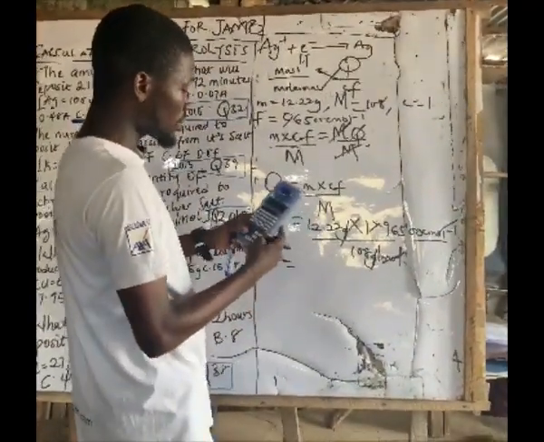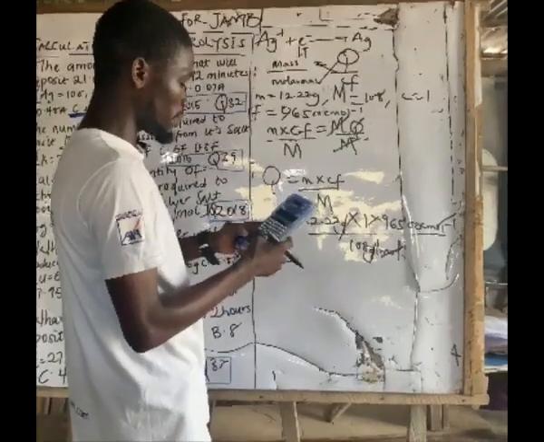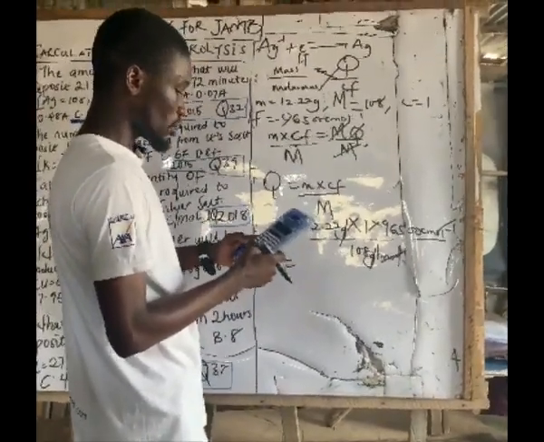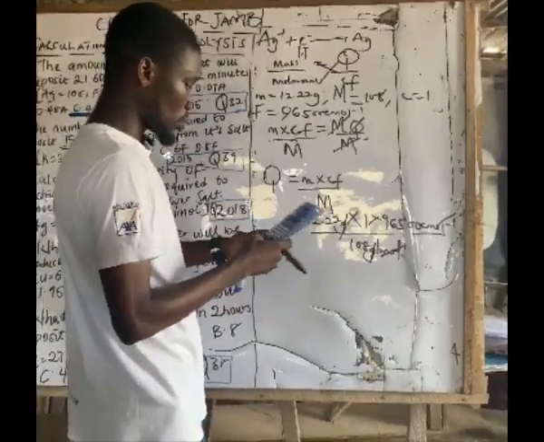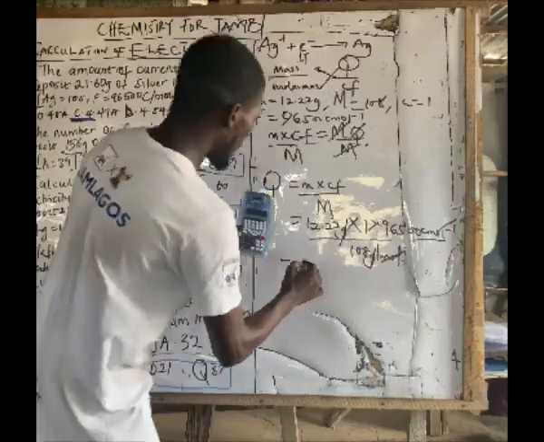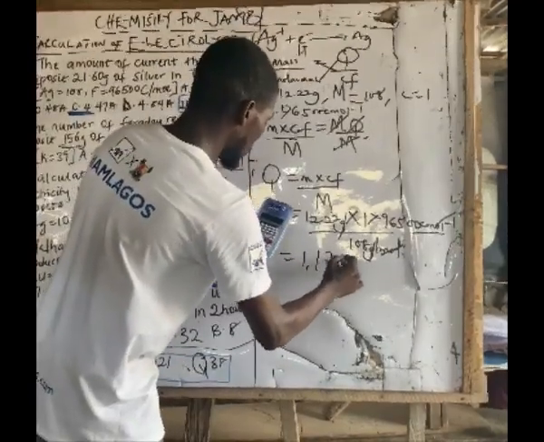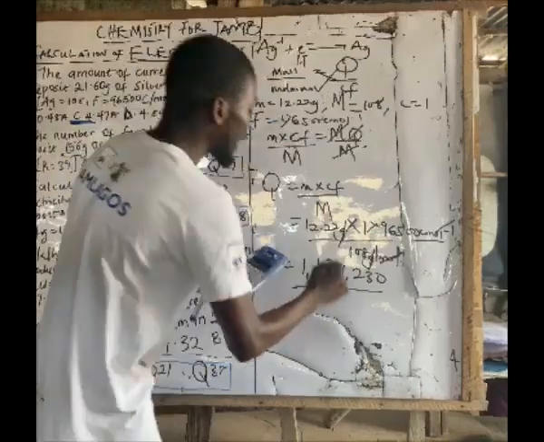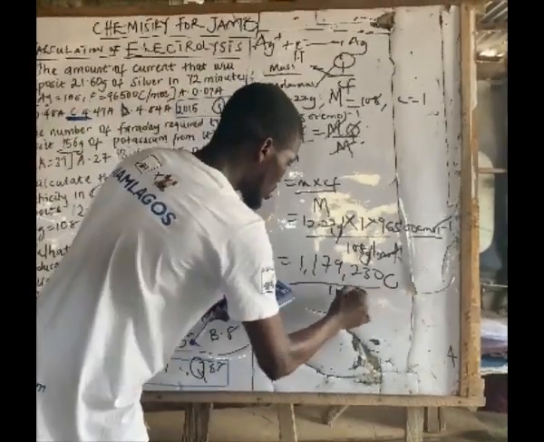So I can say I have 2.22 multiplied by 96500, so we have 1179230 divided by coulombs 8.